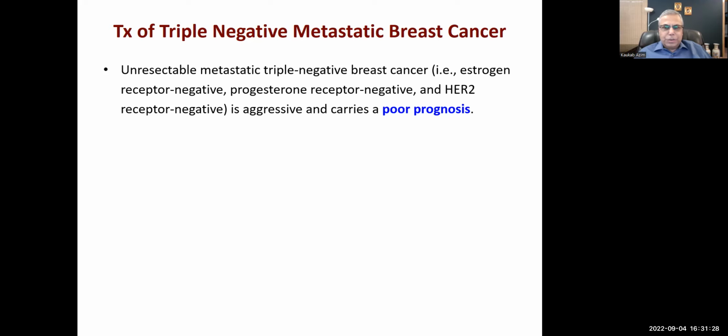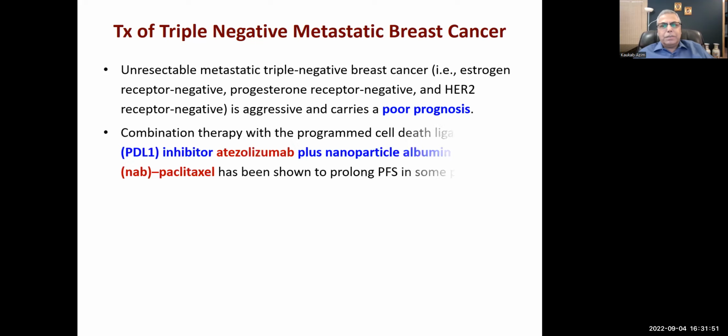All these estrogen and HER2 receptors cause cell division. And if the receptors are not there and the cell is still dividing, that means the cell is very aggressive, because it can divide without any signal from outside. So that is a very aggressive cancer, and the prognosis is pretty poor.